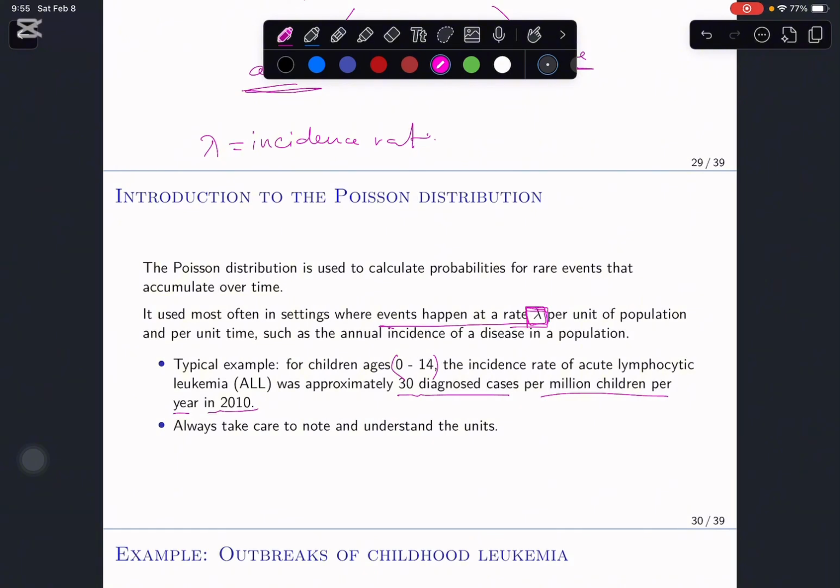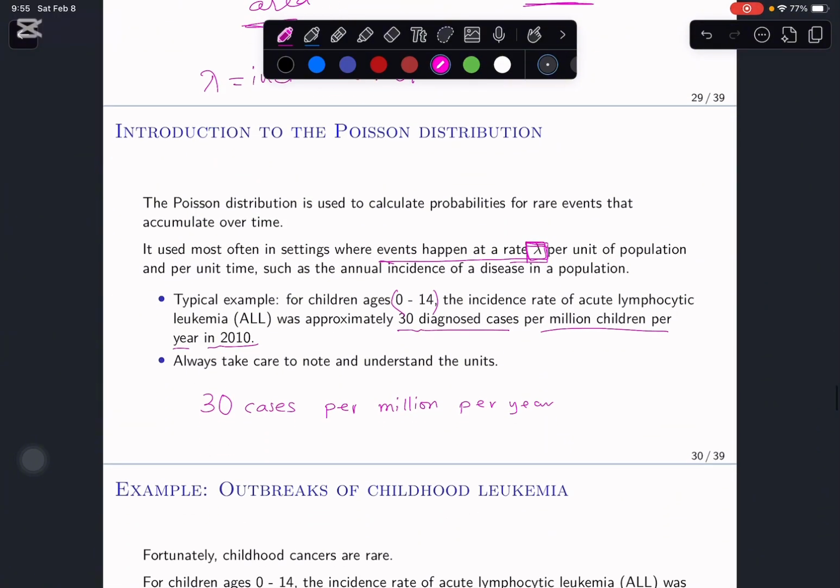All right. So one thing we want to write is 30 cases per million per year. One thing I'd recommend is translating this into a fraction format. So it's 30 cases per million, divided by 1 year.